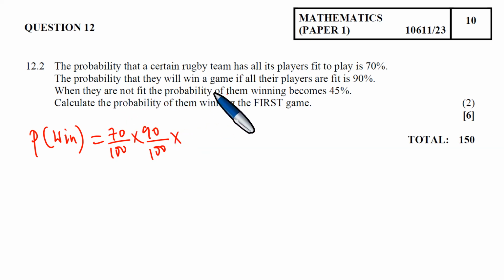Or they will win in the following case: when they are not fit, the probability of them winning is 45%, which is 45 over 100.